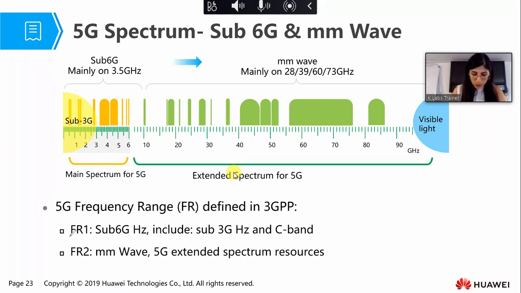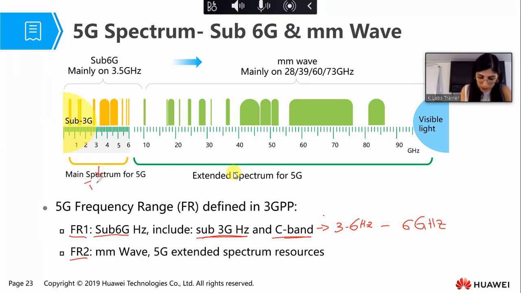Frequency range 1 is the sub-6 gigahertz spectrum, which is still divided into two sub-bands, the sub-3 gigahertz and the C-band. The C-band is in between 3 gigahertz and 6 gigahertz. So this is FR1, frequency range 1.